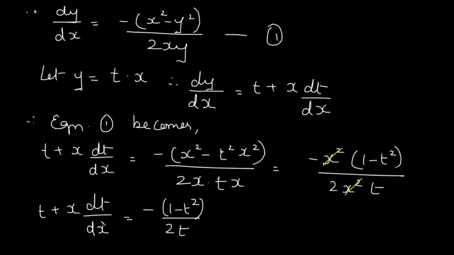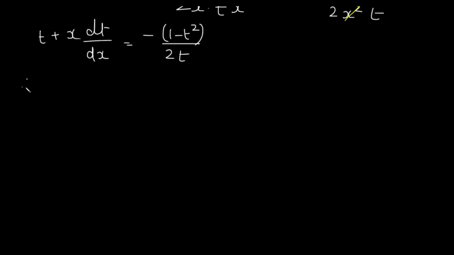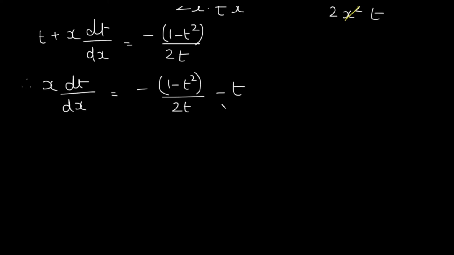Then in the next step we take t on the RHS. And we cross multiply and equalize the denominator over here. So we get, and also we open the bracket.